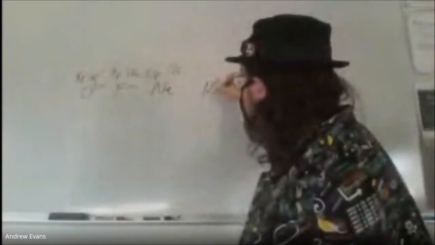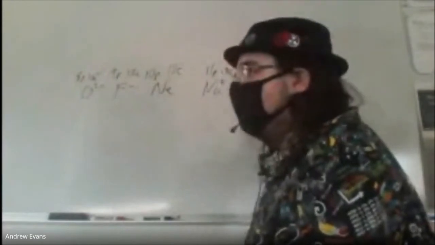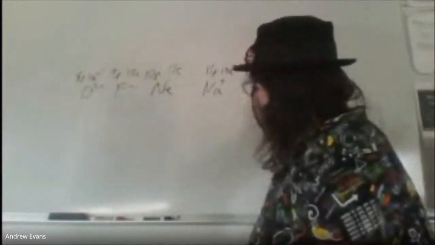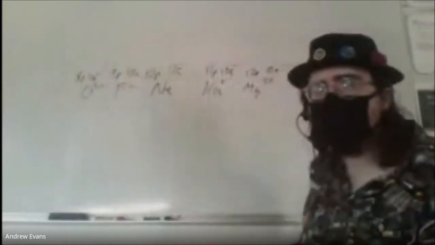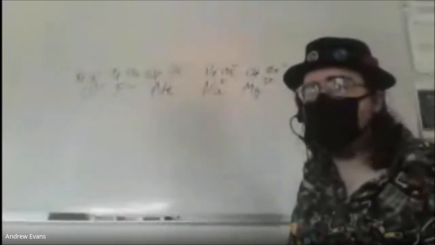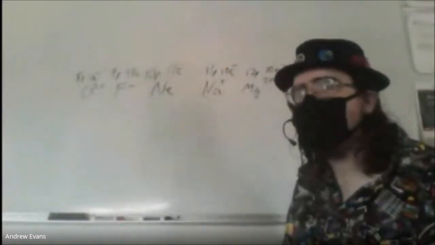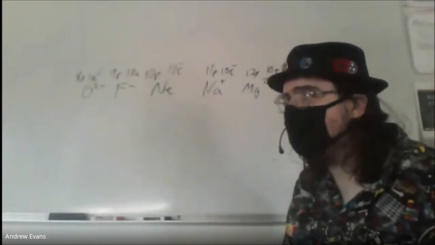Sodium plus would be 11 protons, 10 electrons. And magnesium 2+ would be 12 protons, 10 electrons. This is a perfectly isoelectronic system, meaning all of these atoms and ions have 10 electrons. The only way they differ is the number of protons.